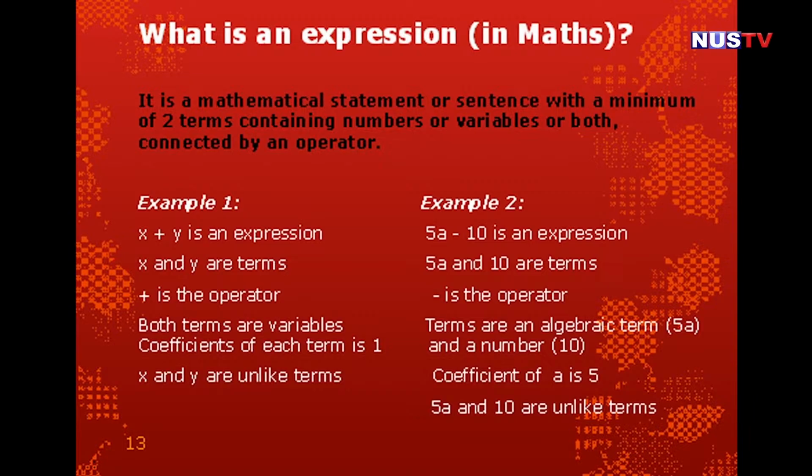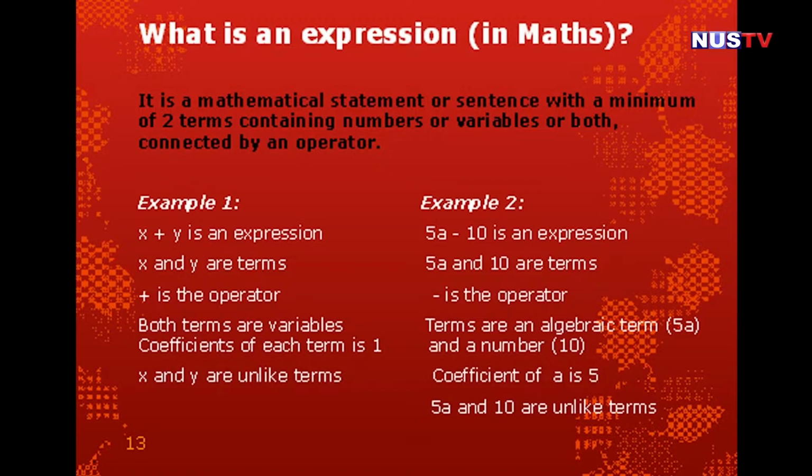These are all the terminology that you should have learned from lower level. Example number 2: 5a minus 10 is an expression. 5a and 10 are terms. The subtraction is the operator.